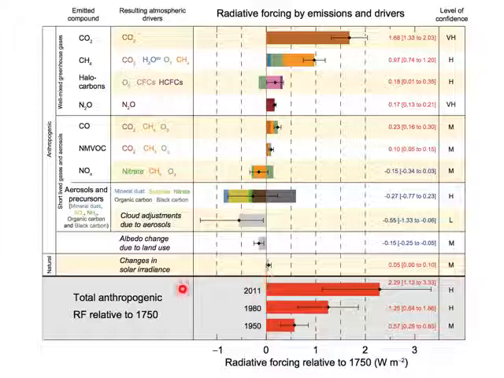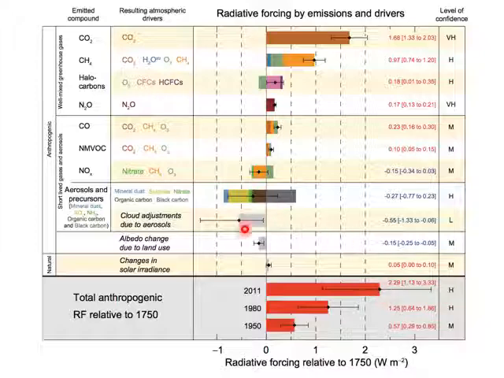So the total anthropogenic forcing, taking all these anthropogenic forcing factors together, in 2011 amounts to 2.3 watts per square meter. And the level of confidence is very high that these numbers are correct.